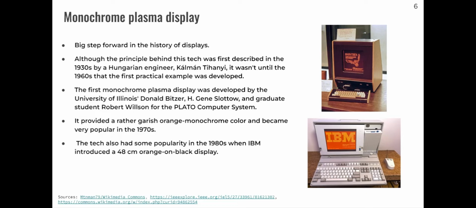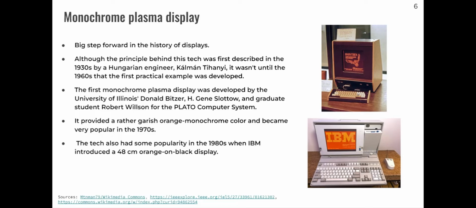It provided a rather garish orange monochrome color and became very popular in the 1970s. Here in the picture on the right, we can see the garish orange monochrome color in both of the pictures. This tech also had some popularity in the 1980s when IBM introduced a 48 centimeter orange and black display.